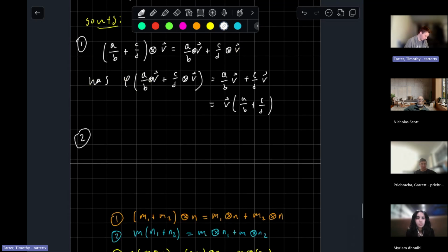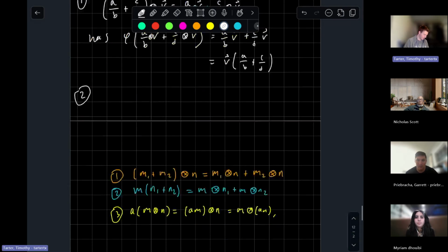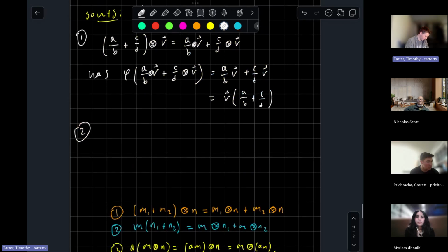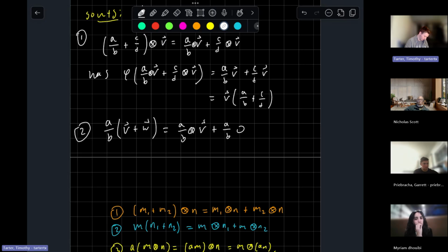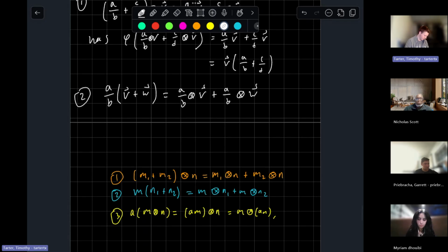And then step 2, it literally just goes through computing this stuff. Okay. Does everybody understand why this proves the thing that I'm saying that it's proving? Yeah. Okay. So let's do this for step 2. We want to say, okay, A over B times V plus W is equal to A over B tensor product V plus A over B tensor product W. And that works.